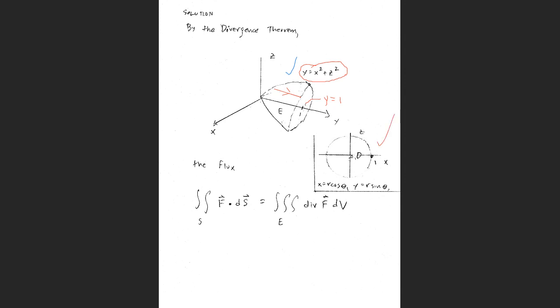But that means then treating this like a type 3 solid region, if we were to put limits in, the limit on the left would be y equals x squared plus z squared.